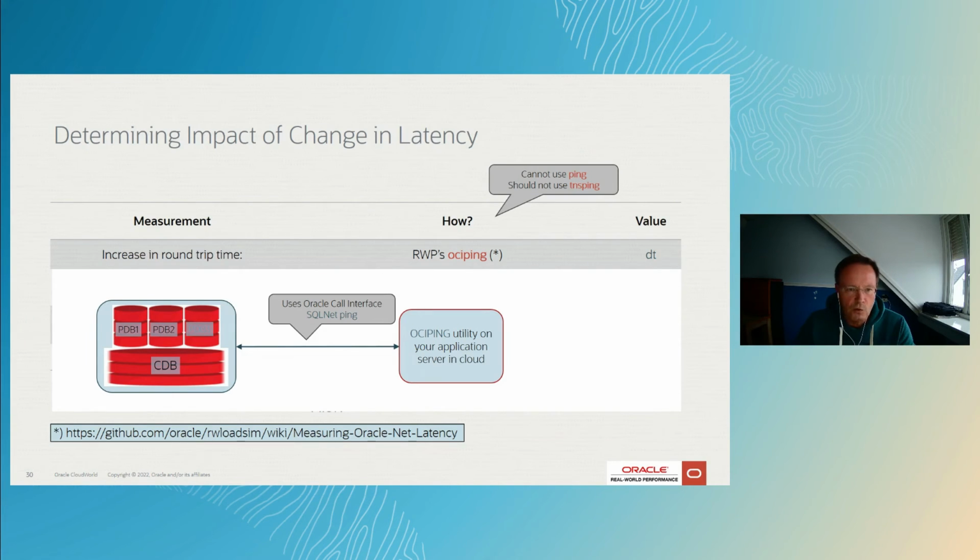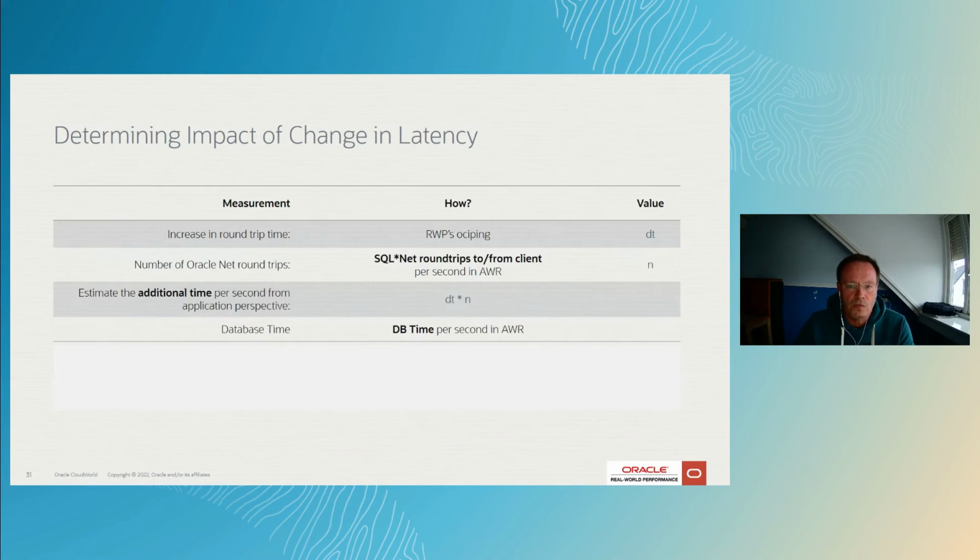It's a very small executable that runs on Linux. If you download OCI ping, you can ping from your application server towards your autonomous database. And you can use that same OCI ping utility on premises as well. So with OCI ping, we get a really good insight into the difference in this latency when you move towards the cloud.